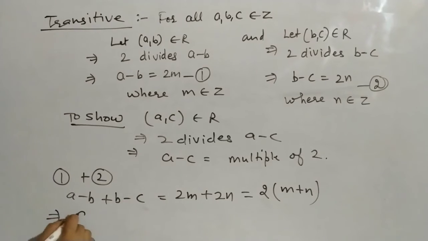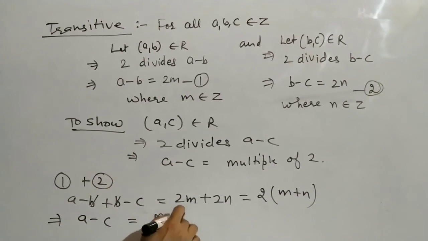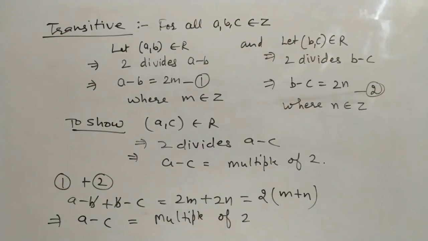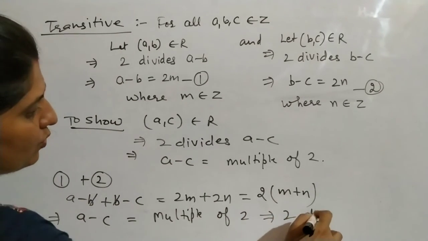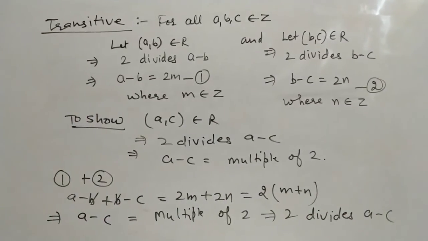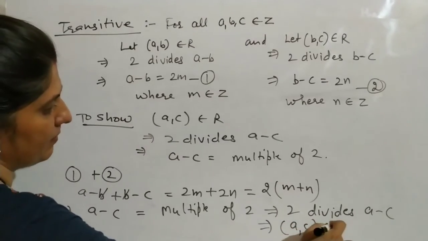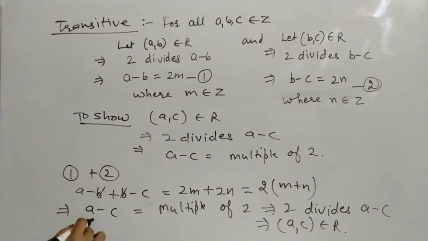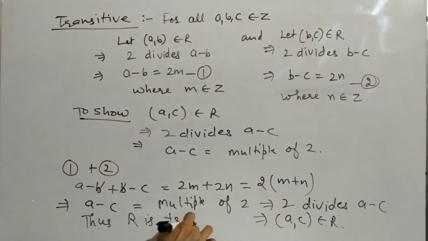Means it implies a minus c is some multiple of 2. Thus we get 2 divides a minus c. It implies a comma c belongs to R. Thus we get R is transitive.